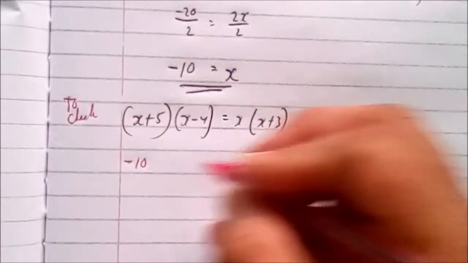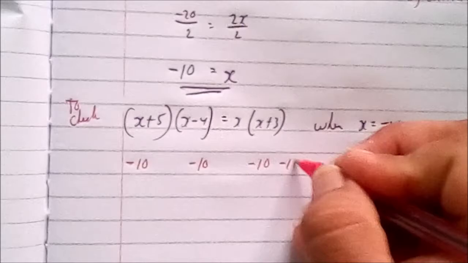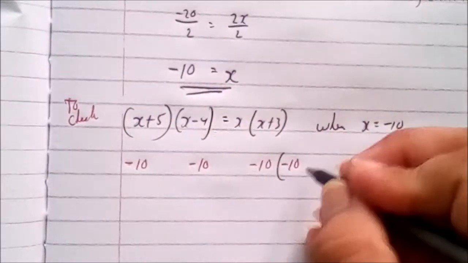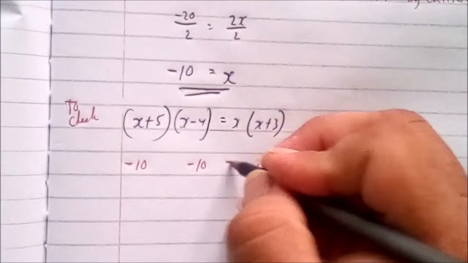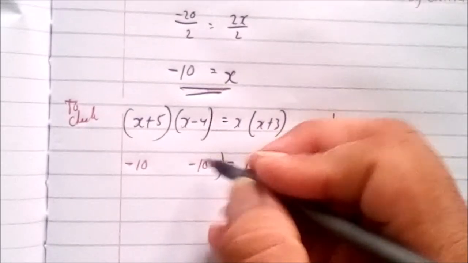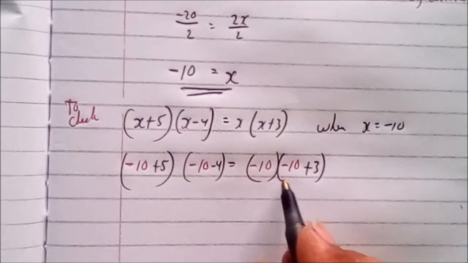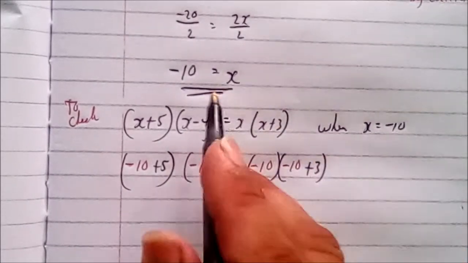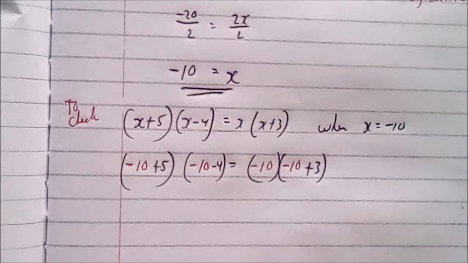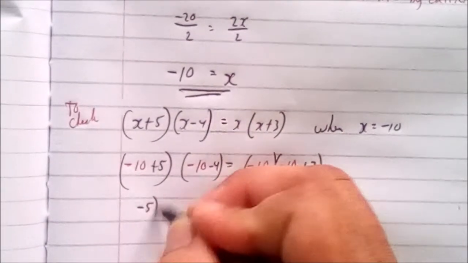All right, so I'm going to put negative 10 wherever an x is. Notice where the x's are, I put a negative 10 because that's the value according to this problem's solution. So negative 10 plus 5 will give me negative 5.